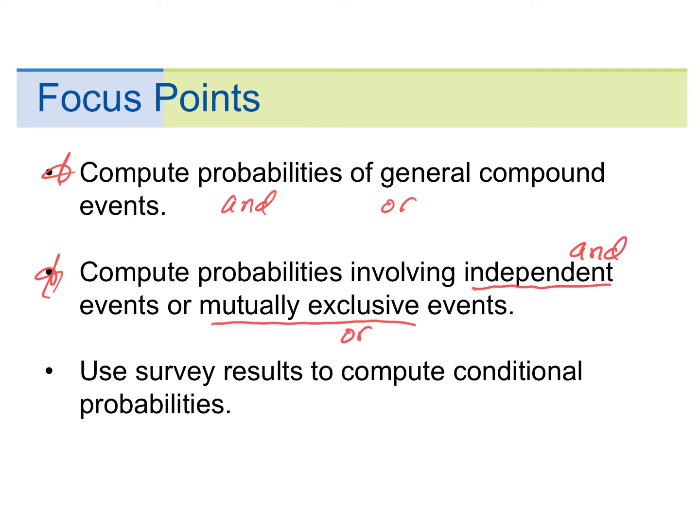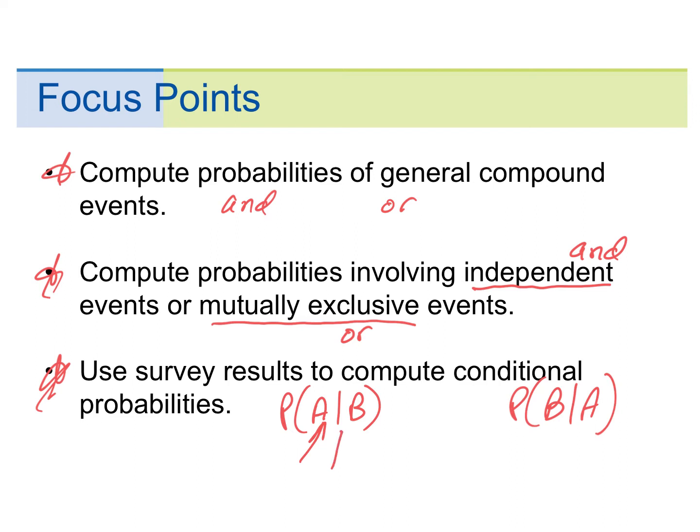And then we're going to compute a conditional probability. And I kind of explained that. That's a probability of A given B and probability of B given A. And just so you know how it's really read, this is the probability that A occurs given that B has already occurred. That is called a conditional probability.